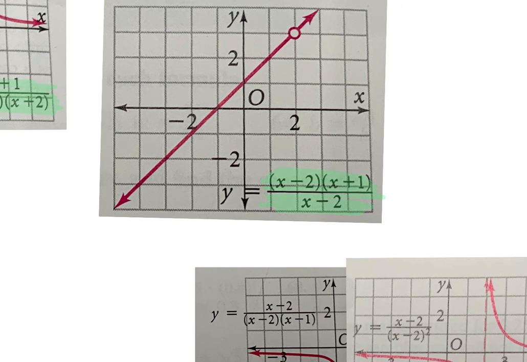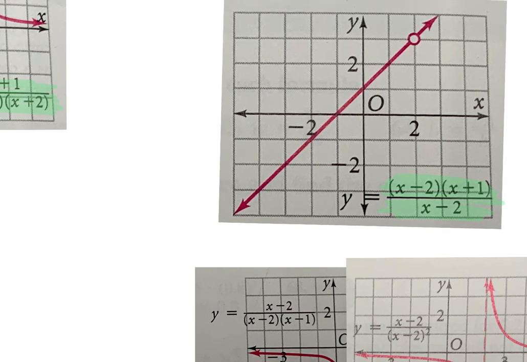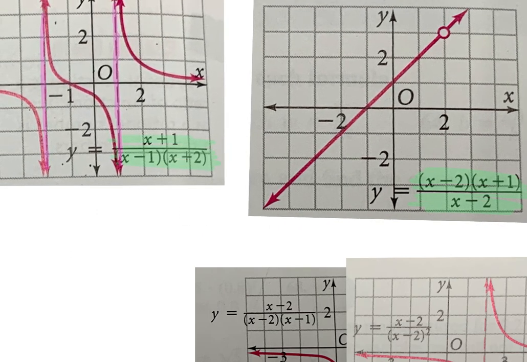The difference between this guy and the other guy, specifically, is that this guy also has the same exact factor in the numerator. See that? So we have this factor and this factor. So my hole, which is created by that discontinuity, has the same exact factor in the numerator. All right? That's how you know it's going to be a hole.